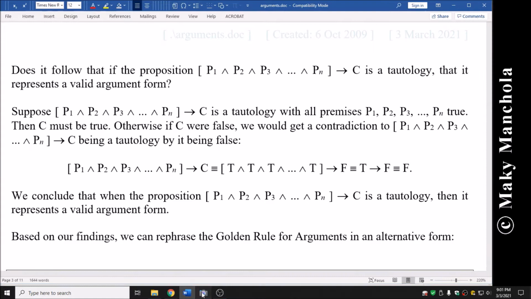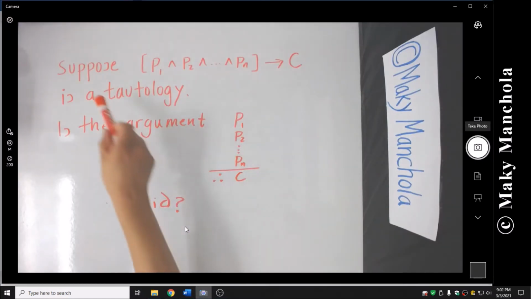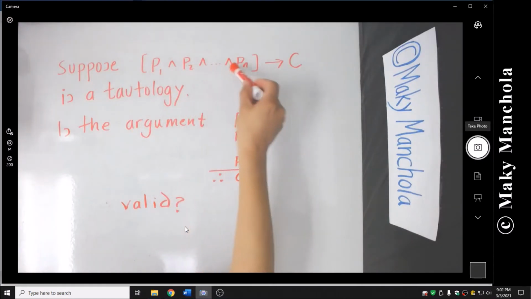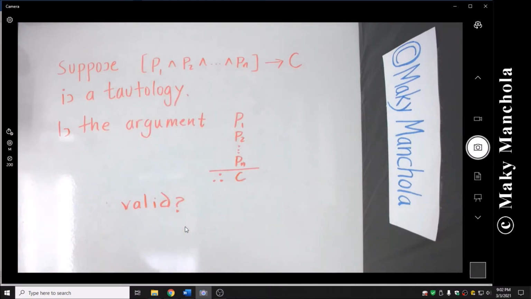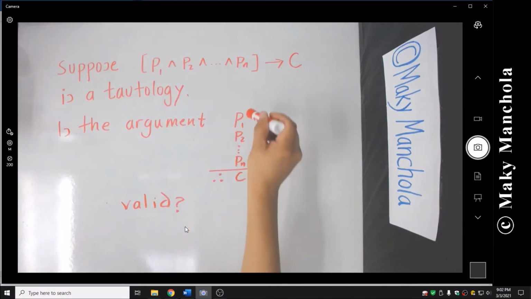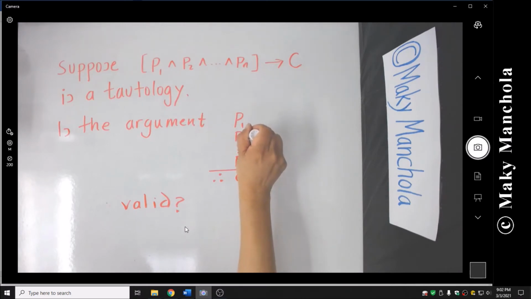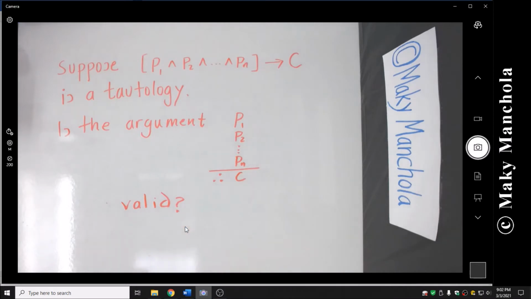Let's take a look at that now. Suppose the conjunction of the premises implies the conclusion is a tautology. Is the argument premise 1, premise 2, all the way up to premise n, therefore conclusion, valid?